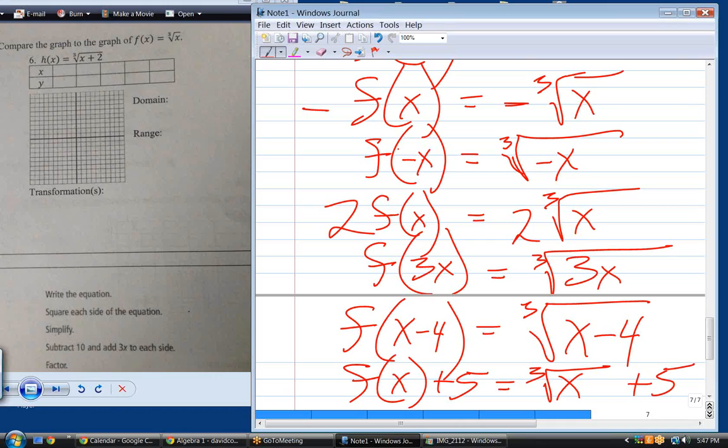Yes. Vertical. You don't really even need the word vertical as long as you say up 5. The shift up 5. But it's good to use the words vertical and horizontal in all of these. So notice we have 6 different things here. We have a negative sign in front of the function. What is that again?